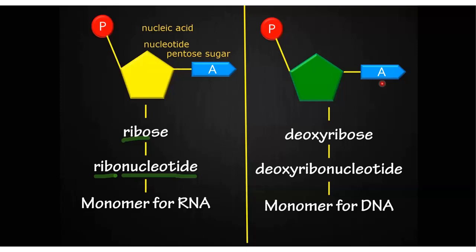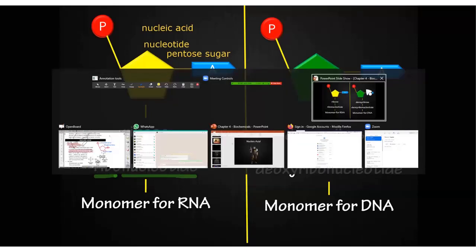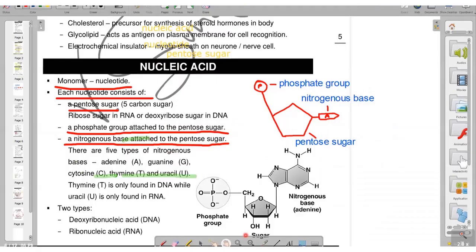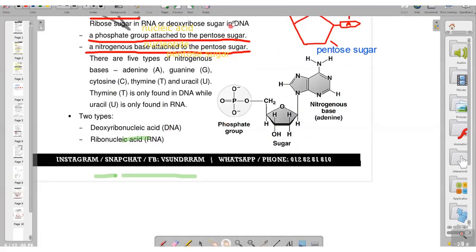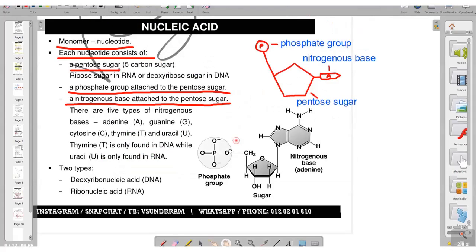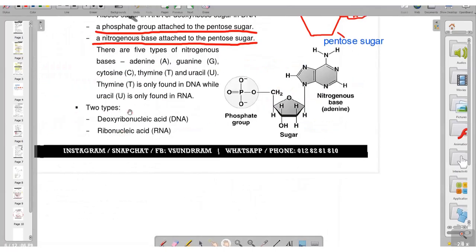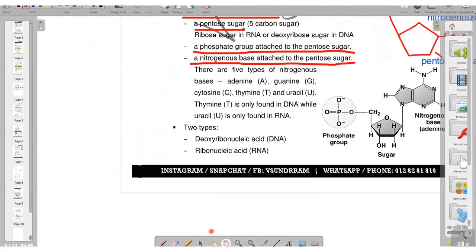Later you'll see. So I need all of you to do something now. Go back to your notes. Right at the bottom of page 5, you see these two names, deoxyribonucleic acid and ribonucleic acid. If possible, add the name that you saw earlier.